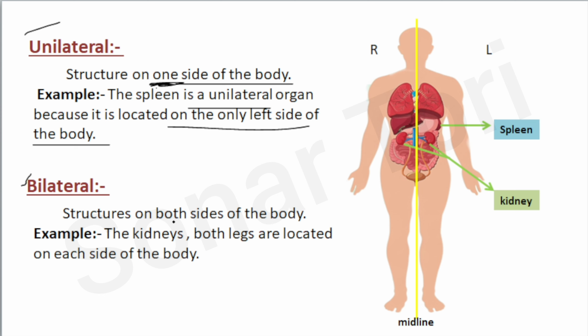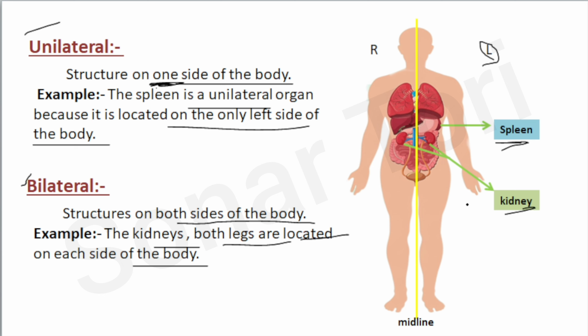Then bilateral. Any structure that is present on both sides of the body is called bilateral. For example, the kidney and both legs, that are located on each side of the body. That's why these organs are bilateral organs of the body. See this figure that the spleen is present only on the left side of the body. That's why the spleen is our unilateral organ.